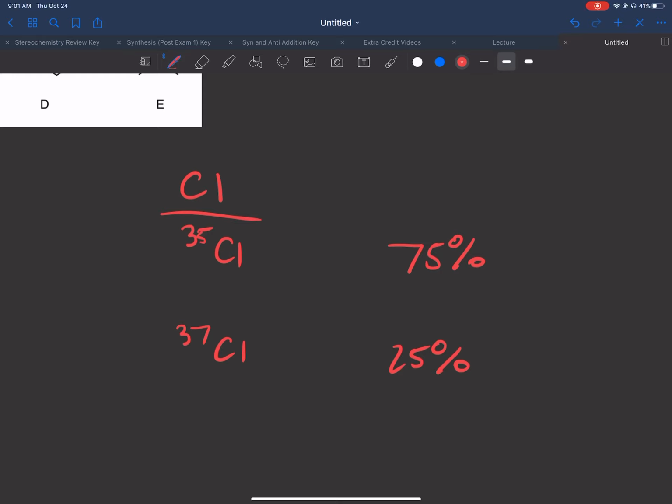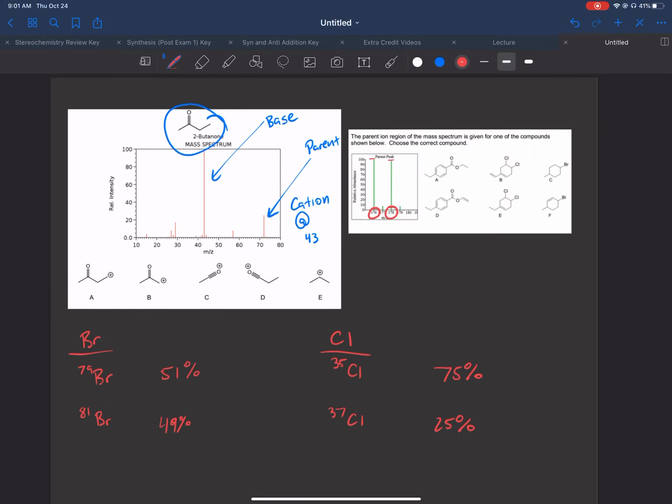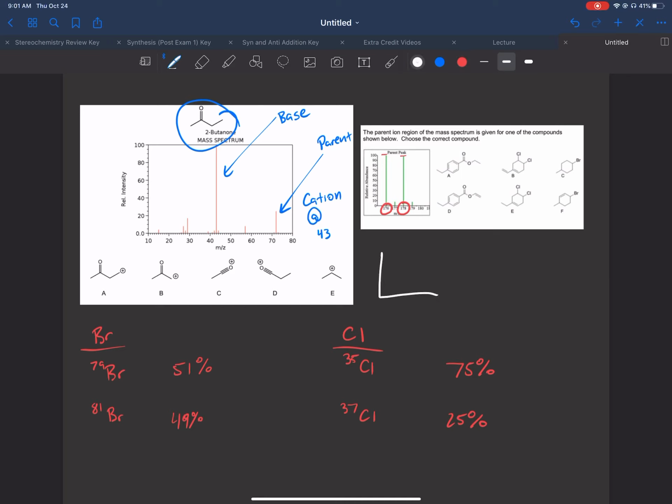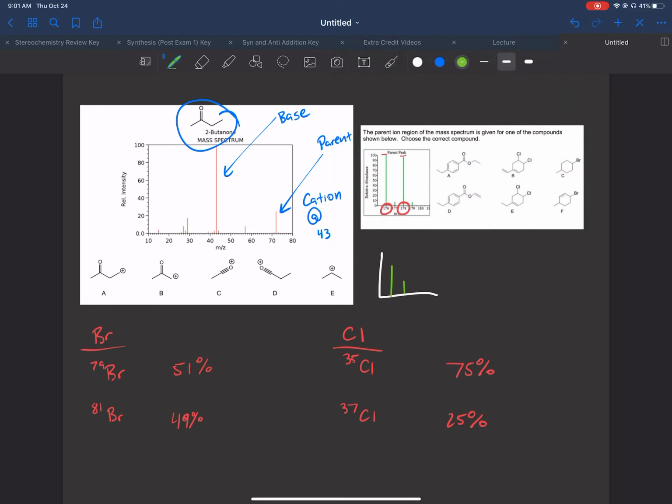Now the chlorine, right? This is 75 to 25%. So we had, let's change the color here. So we had this for the Br, right? For the chlorines, we would have had something like this.